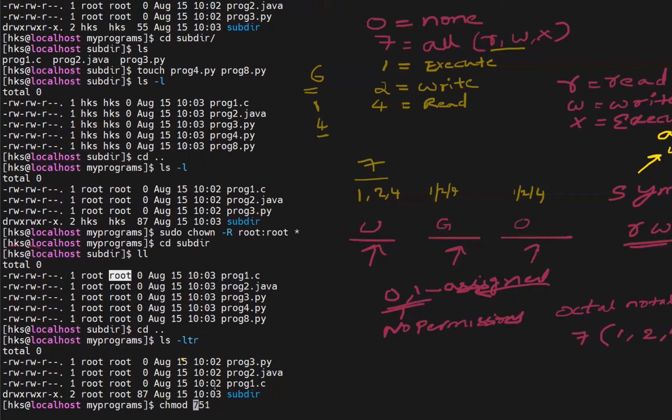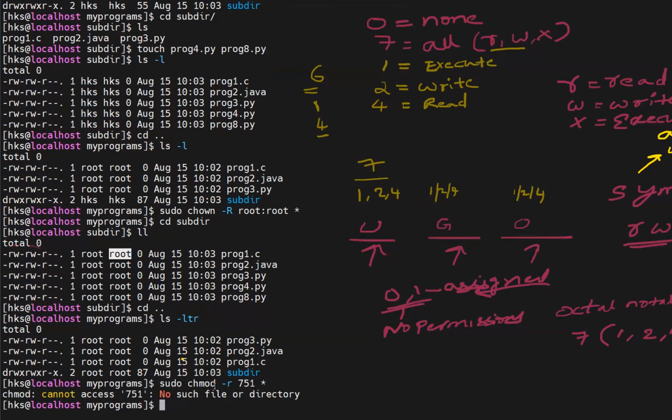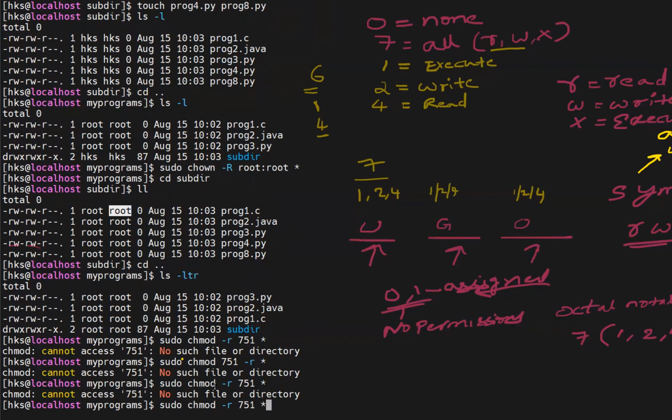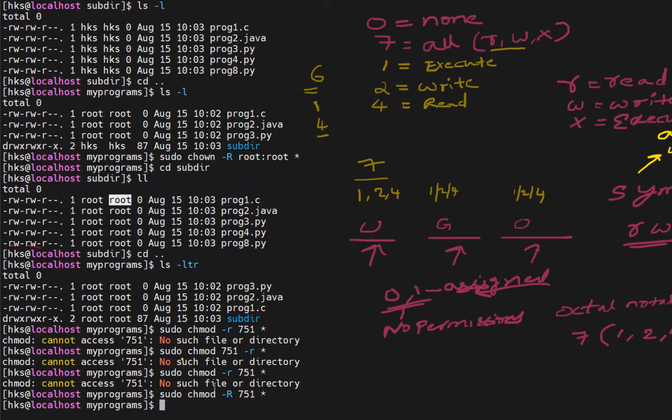So -R recursively for everything. Now some of the files are owned by root, right? So me as a user cannot touch other users' files. So I will say sudo. Okay, sorry, capital R 751.